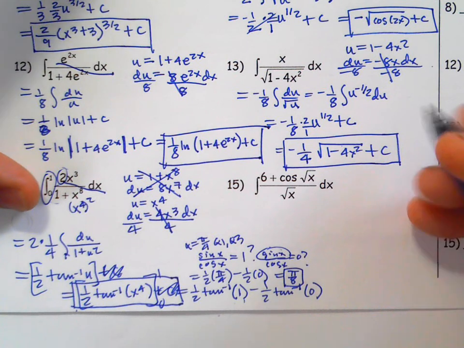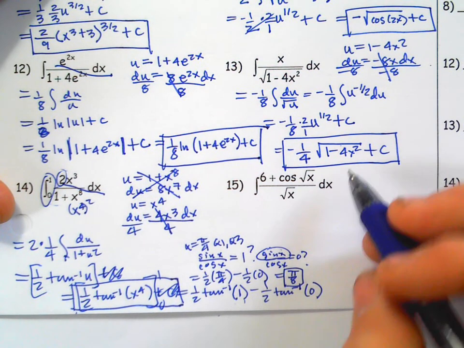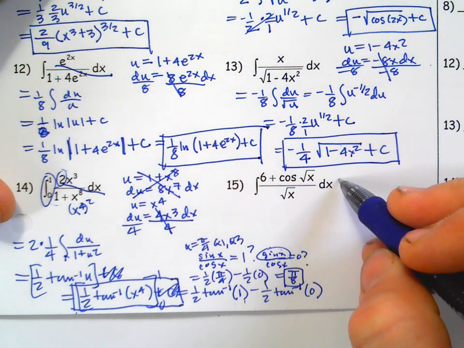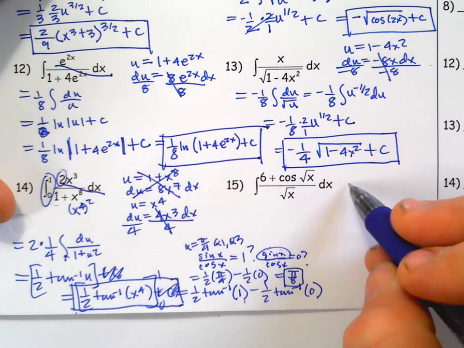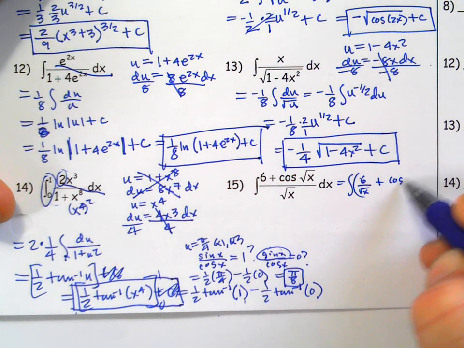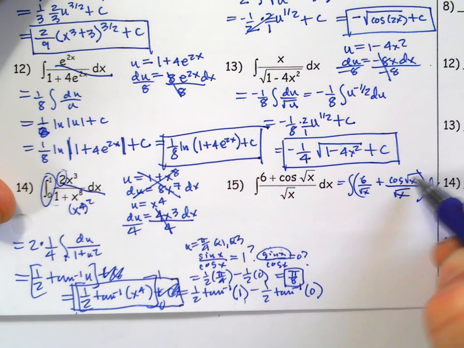All right. This one. Hopefully you recognize that we could rewrite this first, simplify it. Now, we're going to need U-substitution for this guy, but not this guy.